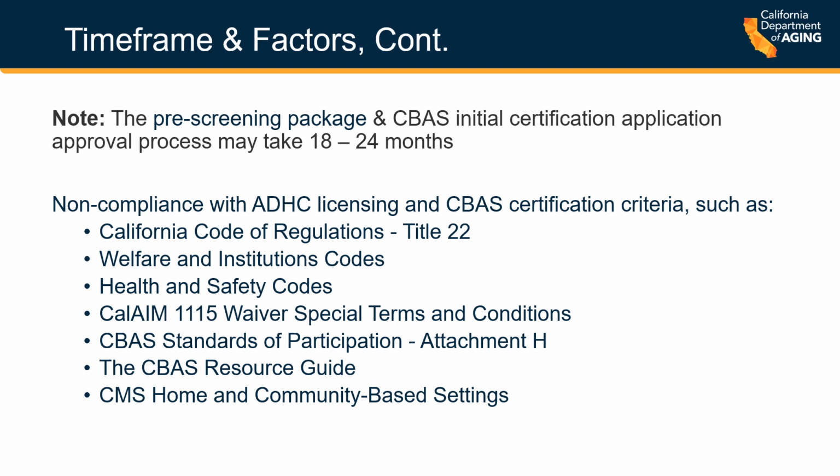It's important that all documents are double-checked for accuracy and completeness prior to submitting them for review. Remember, CBAS program authorities can be found by visiting the CBAS homepage and clicking on the link for program authorities. We recommend all staff be trained and familiar with navigating the CDA website and locating the CBAS homepage, as this is a valuable resource.